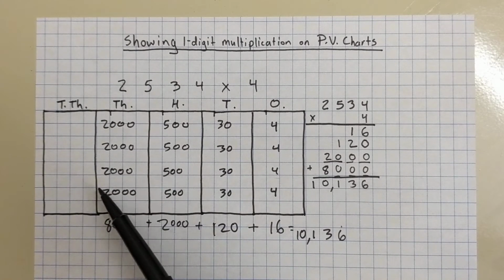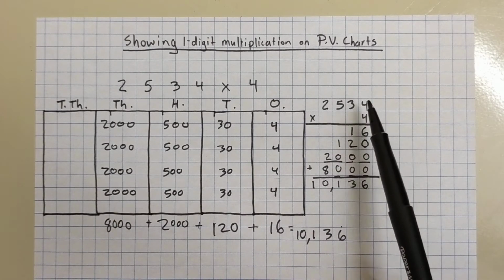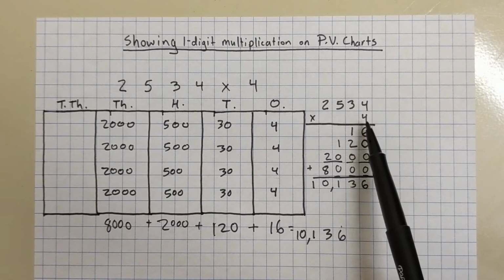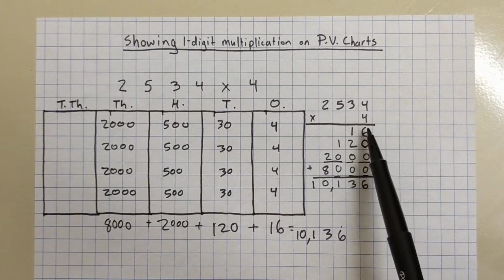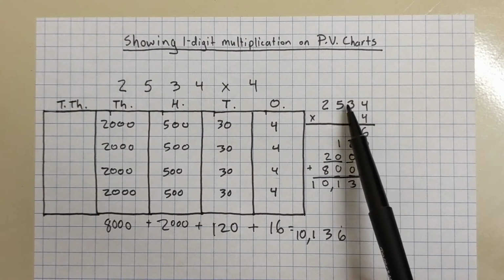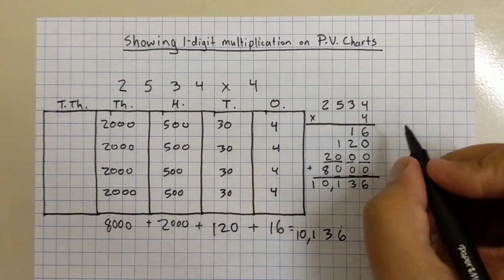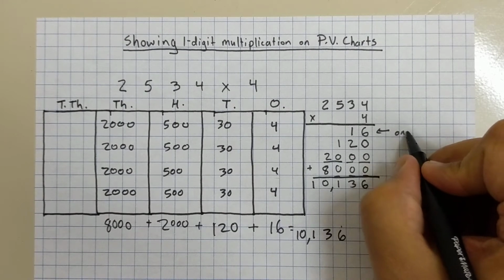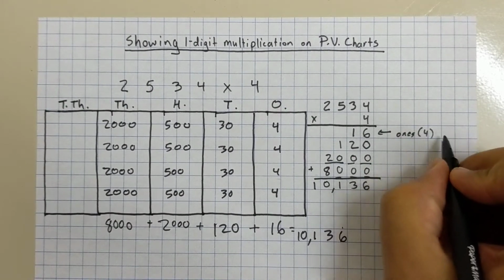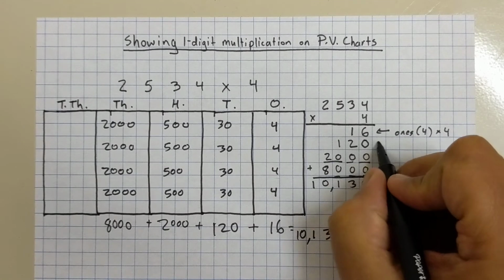I have a place value chart showing expanded form. It tells me my partial products. I do a math problem, and instead of regrouping, I give partial products by showing the answers for the factor times each of my place values. This one is by doing my ones place, which is 4, times my factor of 4.